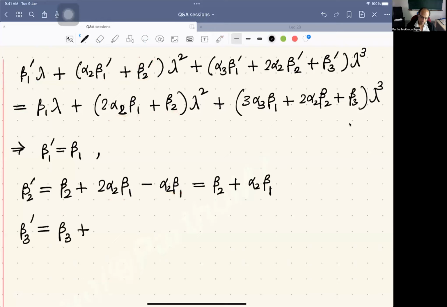beta 3 plus 2 alpha 2 beta 2 plus 3 alpha 3 beta 1 minus 2 alpha 2 beta 2 prime minus alpha 3 beta 1.